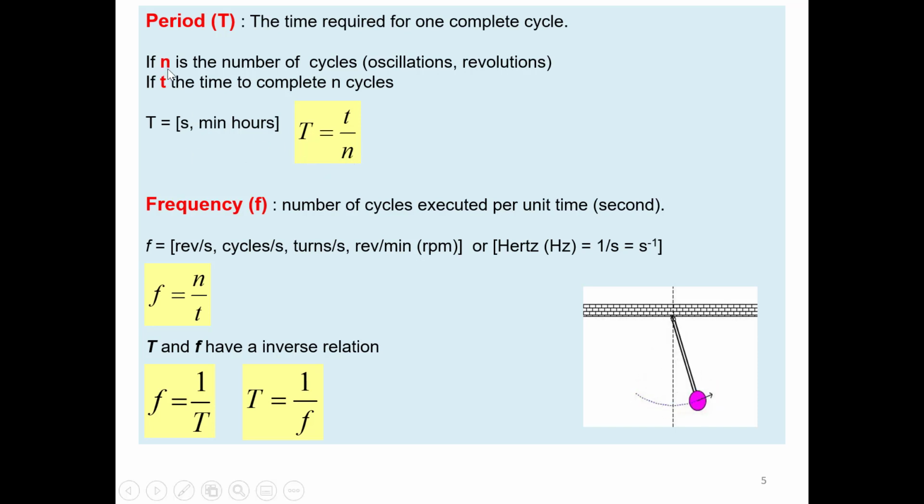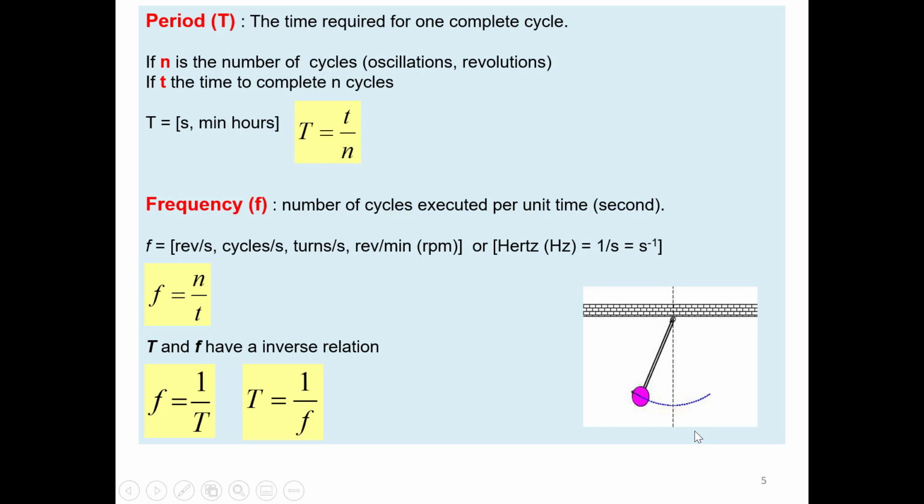If n is the number of cycles and t is the time for 5 cycles, here n equals 5. Then the period is the time for the 5 cycles divided by 5.